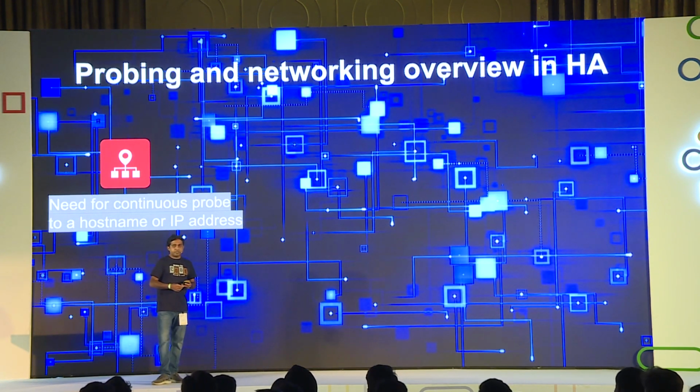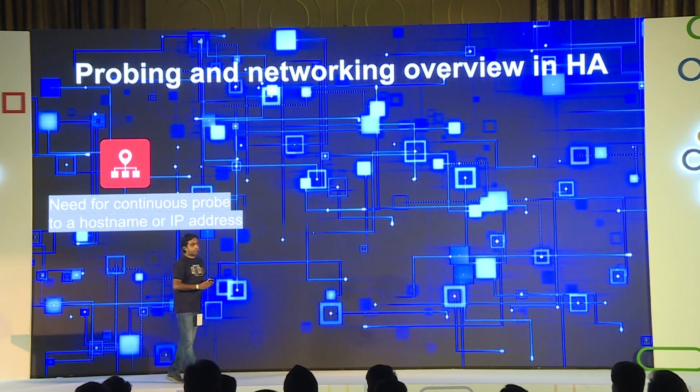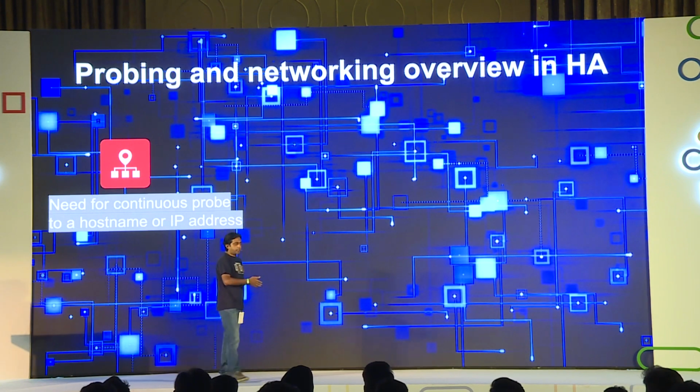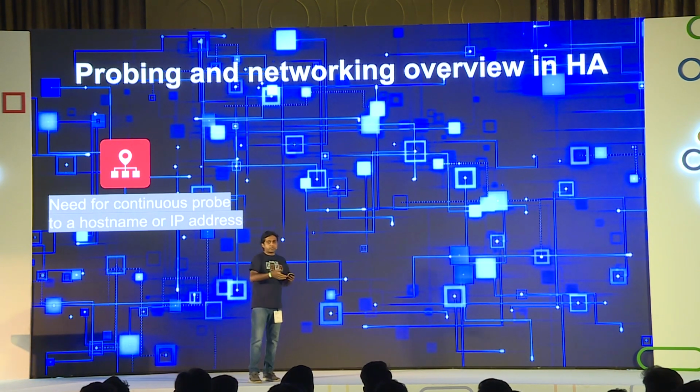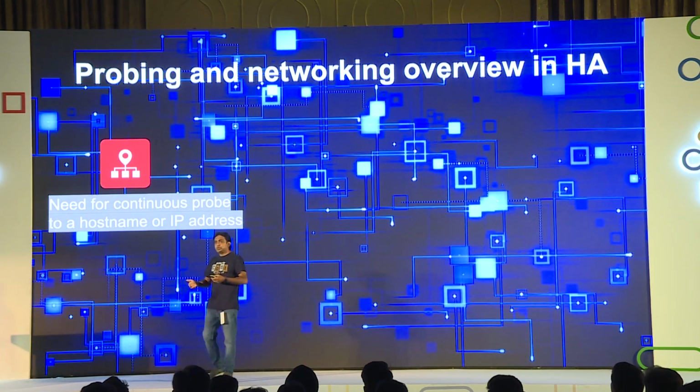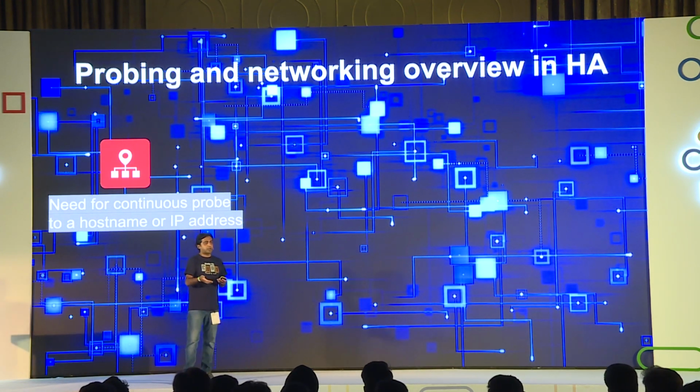So what it does is, you have your application, which needs to check for a certain server to be available. You have an internal server which does certain business logic, and your software needs to talk to that server for that business logic. If that server is not available, you need to perform a failover because it's not able to probe it.